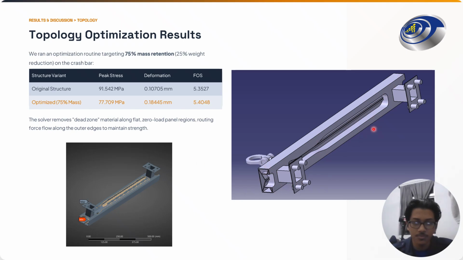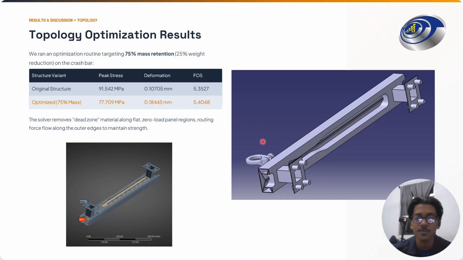So the structure will be less strong, but because our deformation is from 0.107 to 0.184, it is very minimal.